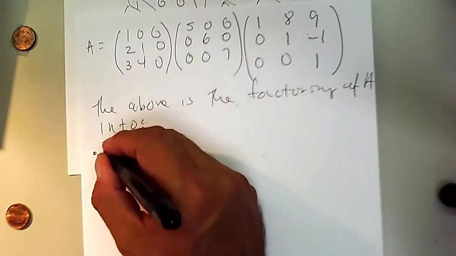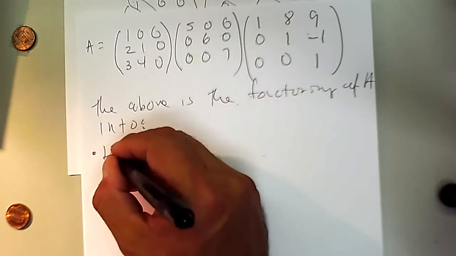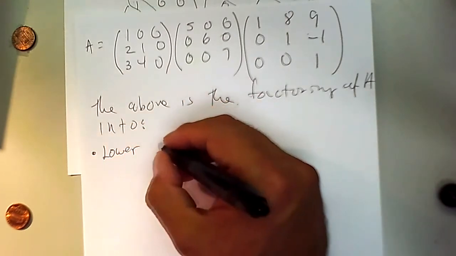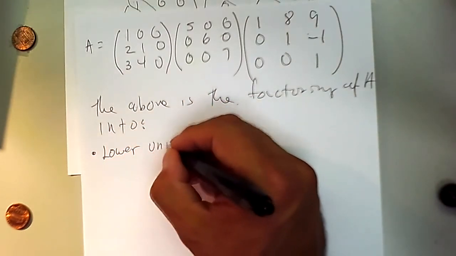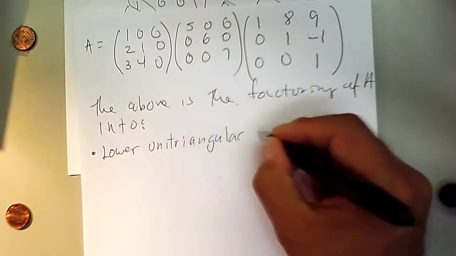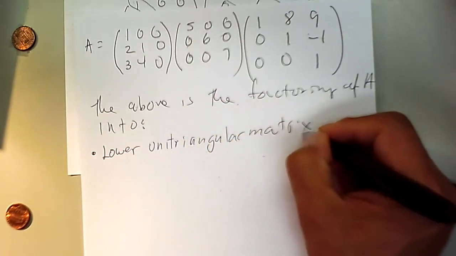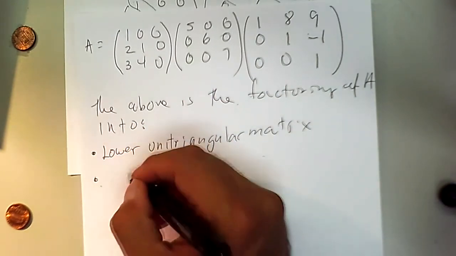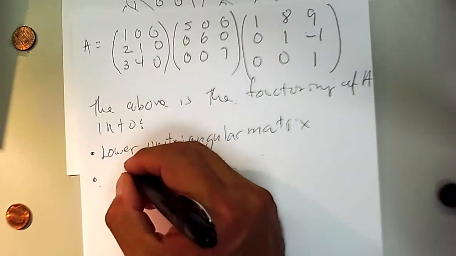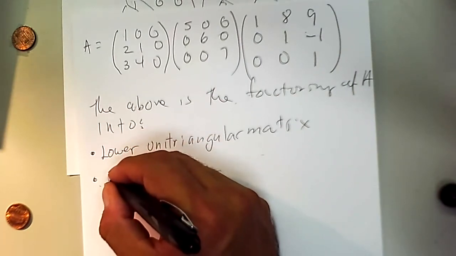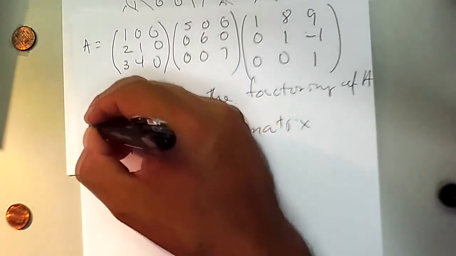We have a lower unit triangular matrix times, well, these are bullets, they're not times, but times a diagonal matrix. I should have put an article here.